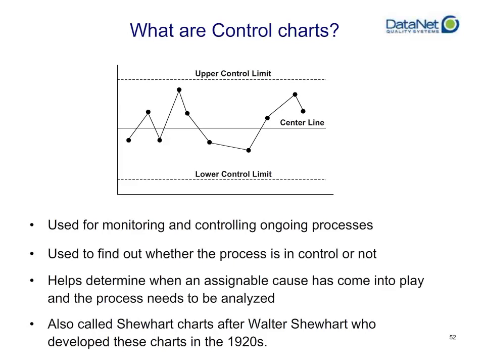It consists of data points plotted in sequence over time and with an upper control limit, and or a lower control limit on that chart, as well as a center line. It's used to find out whether or not your process is in control. Helps you determine when an assignable cause has come into play and the process needs to be analyzed or investigated.